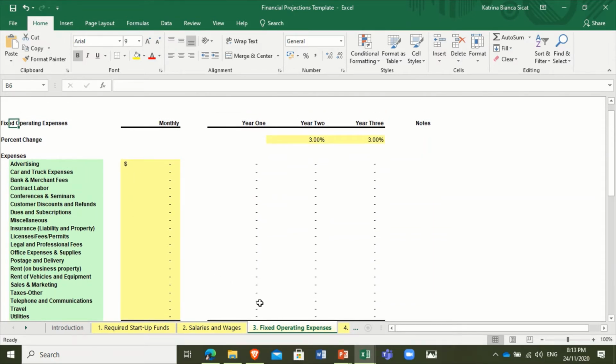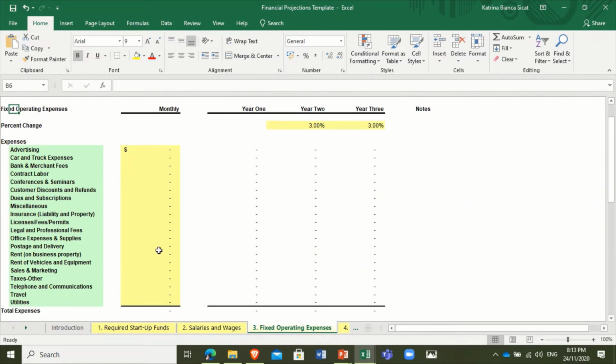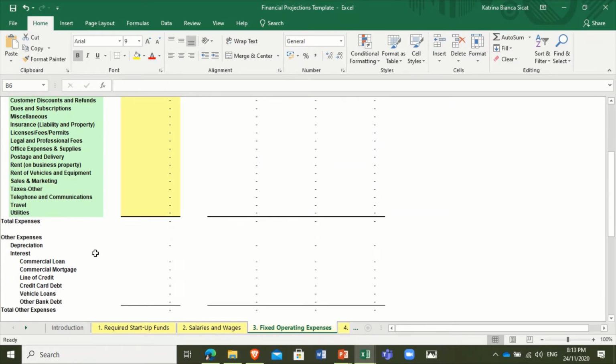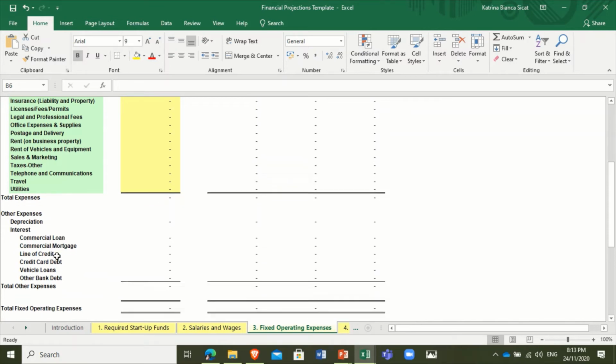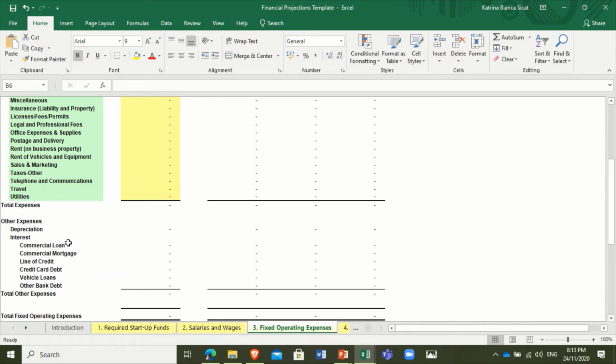Kasi ang pinaka-importante naman dun sa income statement, merong basis yung expenses. So, this is going to serve as a note lang. Okay? So, meron pa tayong other expenses dito, like depreciation, interest from the loans kung meron kayong i-include. But definitely, depreciation, meron yan as long as meron kayong fixed asset.